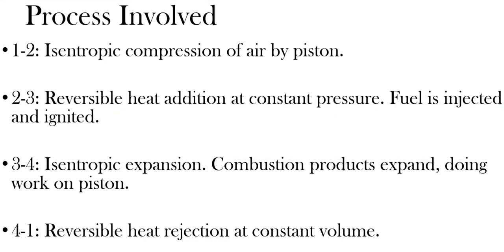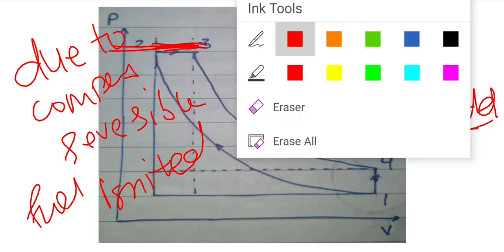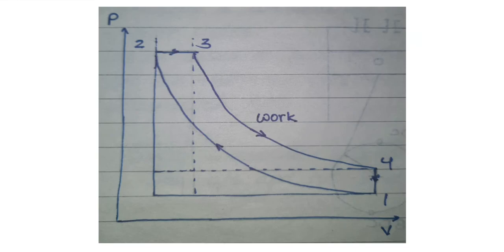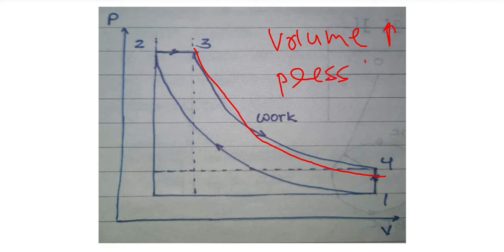Now let's see further. The graph moves from 3 to 4. From 3 to 4, again the volume is increasing and pressure is decreasing. So what do we say? It is expansion, and in expansion work is obtained.